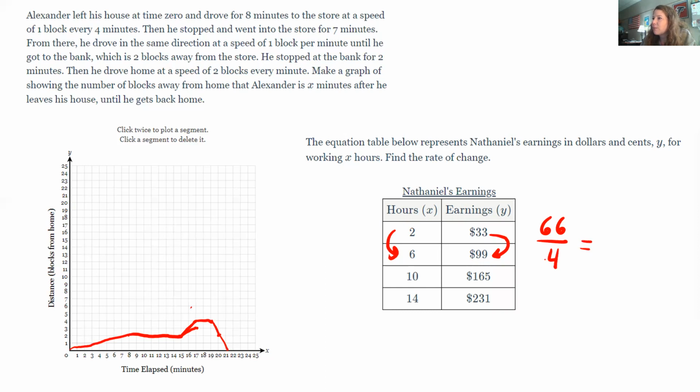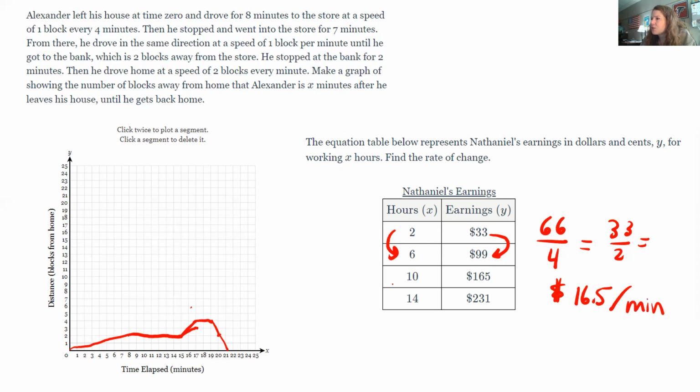Then we can divide both of those by 2. So I get 33 over 2, or half of 33, which is 16.5. So he is making $16.5 per minute.